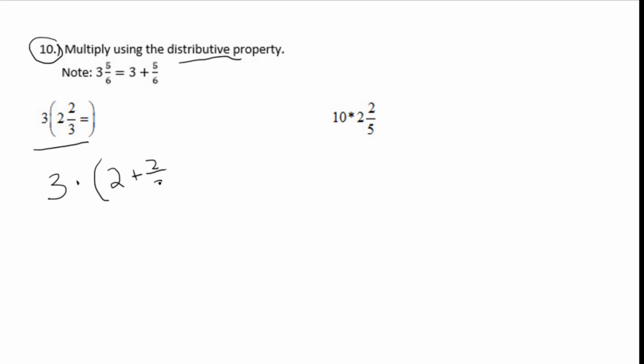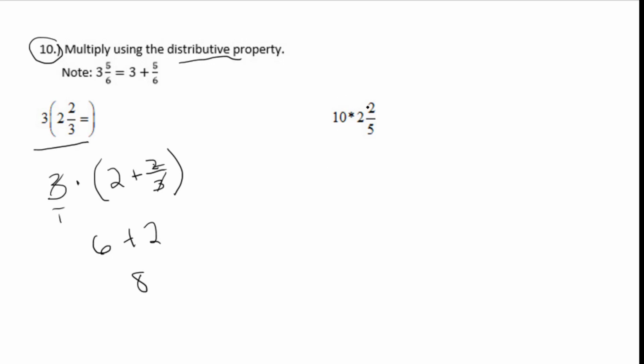Because it's a different place value. It's the remainder, the fractional place value, sort of. Then I can multiply 3 times 2 and get 6, plus 3 times 2/3. Notice the 3's cancel, and I get 2. So the answer is 8.